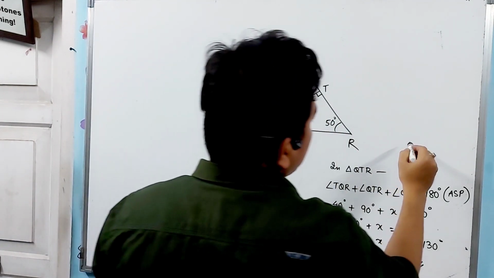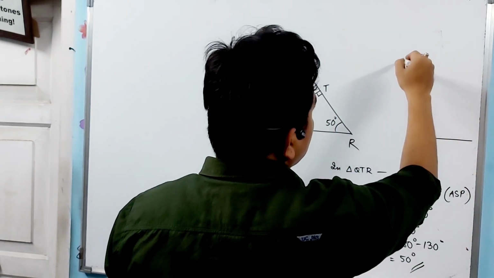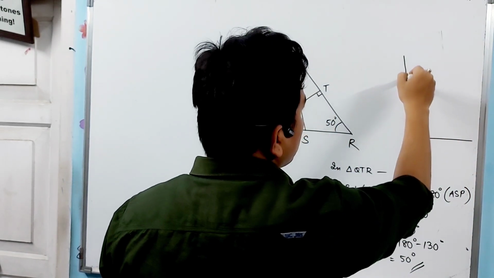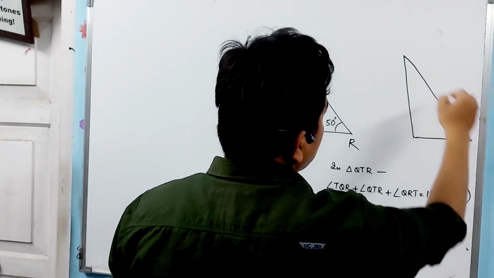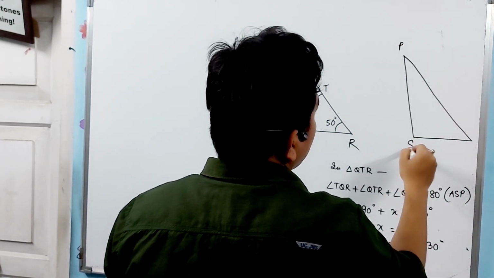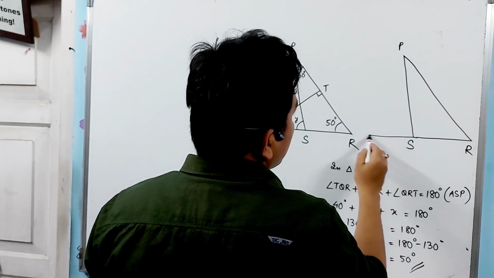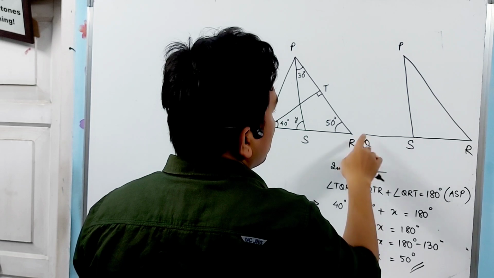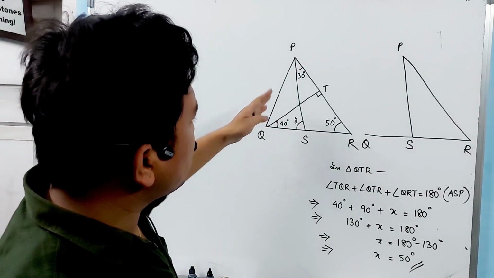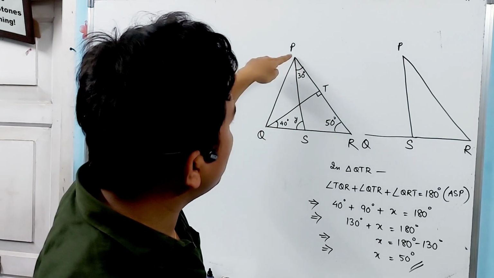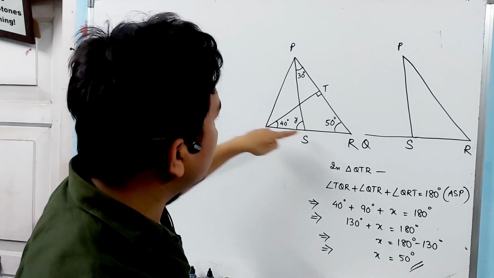Okay, I will draw PSR, and we can clearly see here SR is extended up to Q. Okay, can you see here? I've just taken out PSR outside, and QS also here.